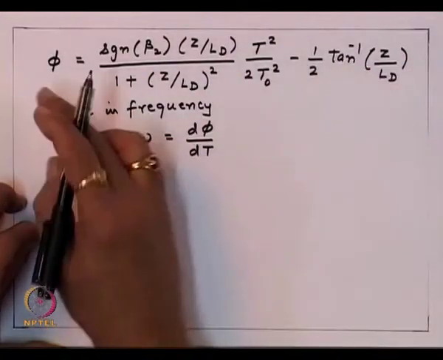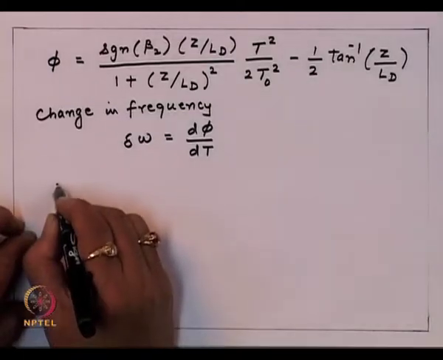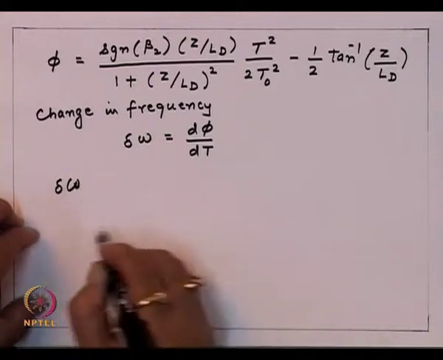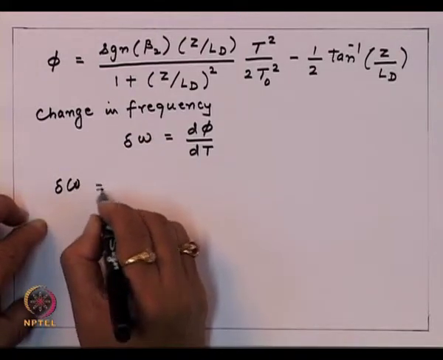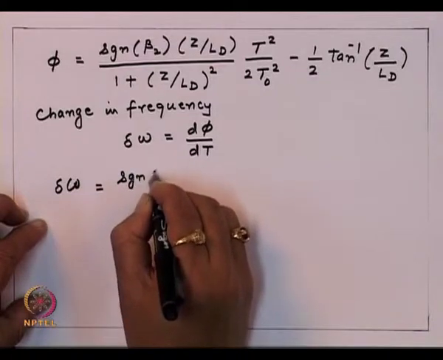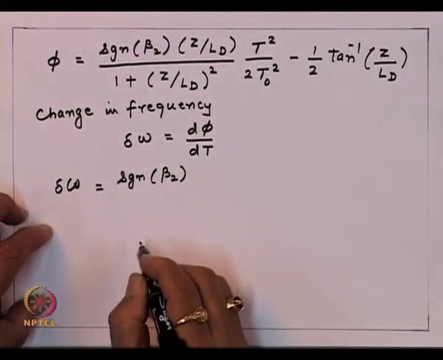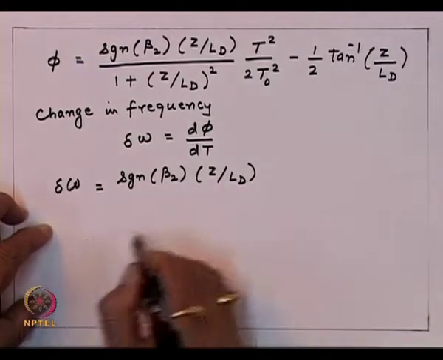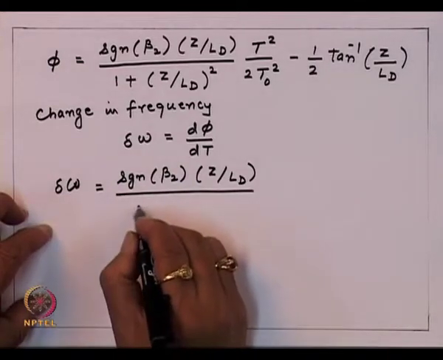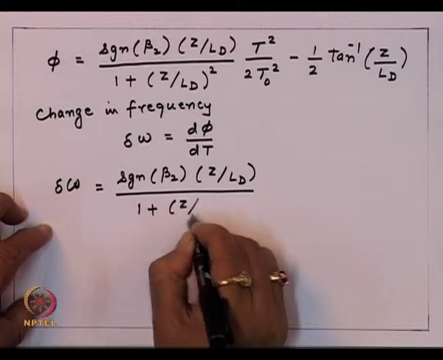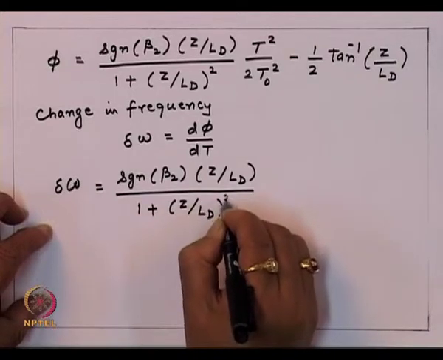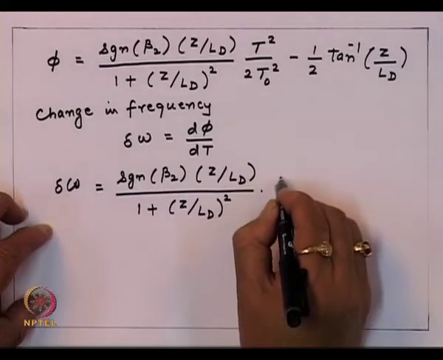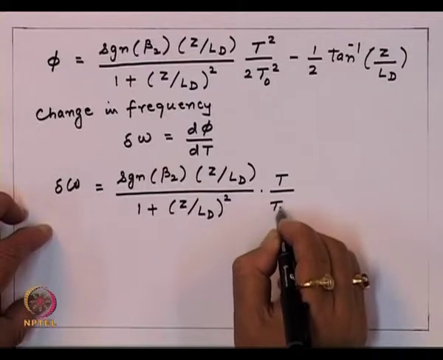So, I can differentiate this quantity here with t. So, you get the change in frequency delta omega equal to sine of beta 2 z by L d divided by 1 plus z by L d whole square, times t upon t naught square.